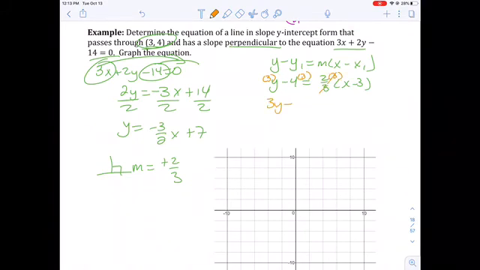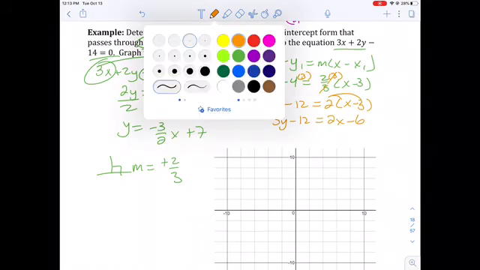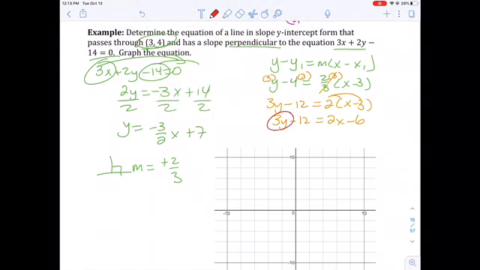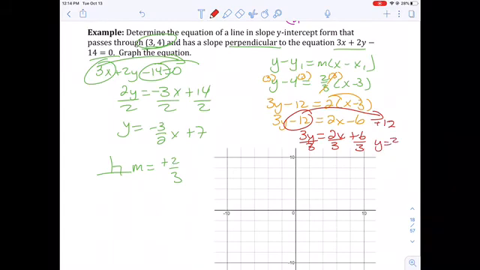Those 3's cancel, and we get 3y minus 12 equals 2 times x minus 3, so 3y minus 12 equals 2x minus 6. In slope y-intercept form, I need to isolate the 3y, so I'm going to move this minus 12 over. We've got 3y is 2x minus 6 plus 12, which would be plus 6. Divide everything through by 3, and we get y is 2/3 x plus 2.